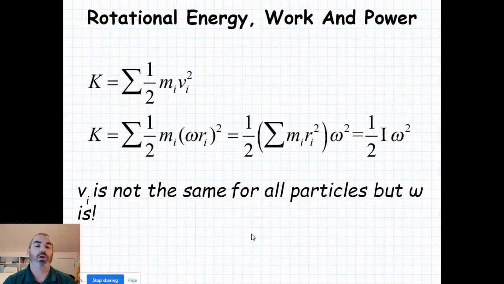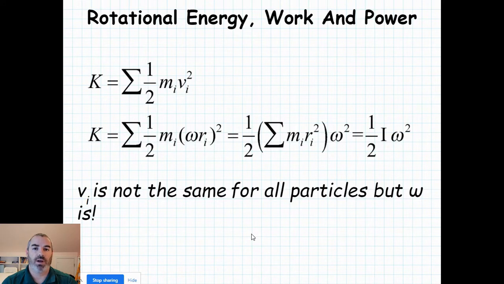On this slide we're going to look at the kinetic energy of each individual particle in something that's rotating. We sum up all the individual masses and velocities, and we use the equation K equals 1/2 mv squared. Now each particle does not have the same speed, so we change the speed into the angular speed multiplied by the radius.